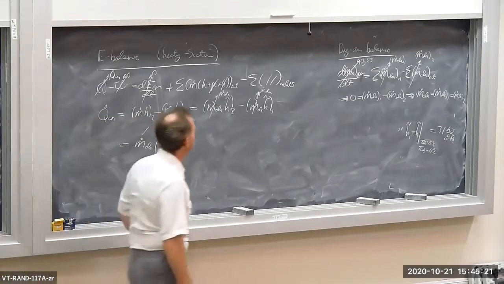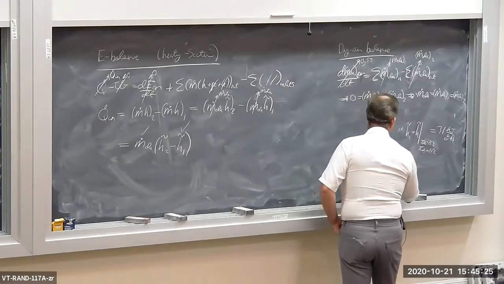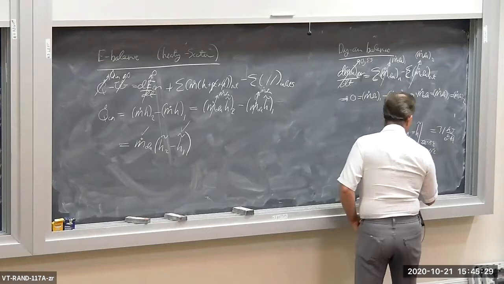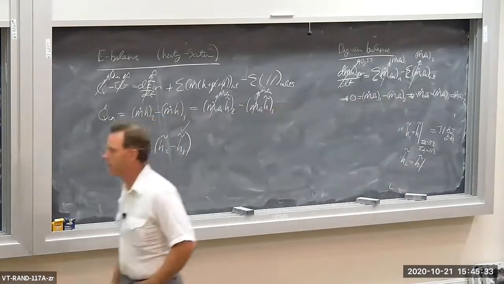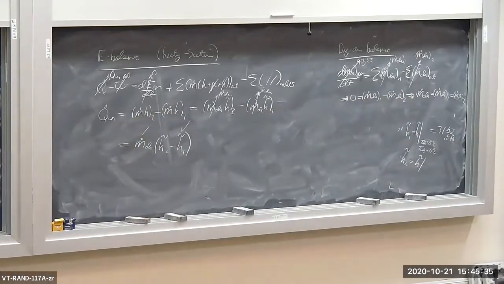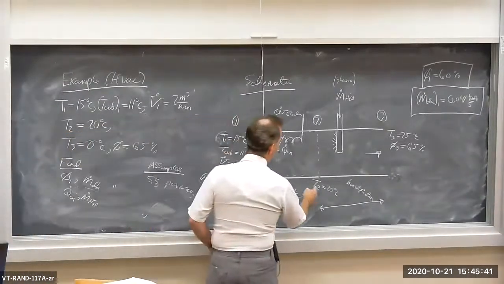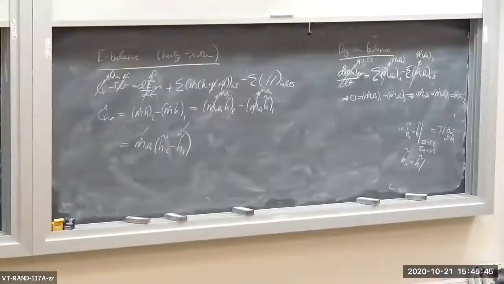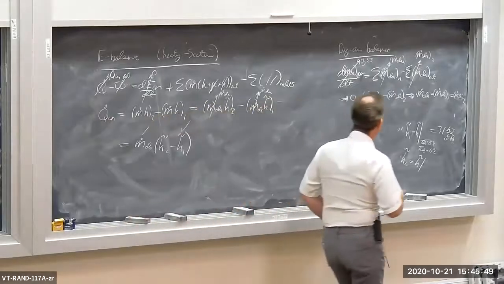Well, H tilde 2, I need two properties. What do I know about state 2? Not much. State 2 or location 2. All I know is the temperature of the air. I need one more property, and then I can locate the state on the psychrometric chart.